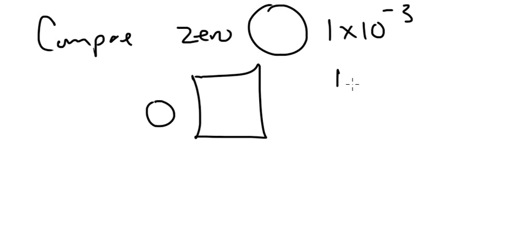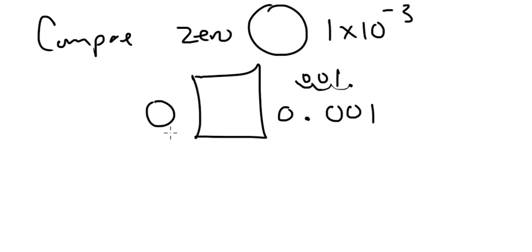Well, I'm going to have 1, and my decimal place is right there. I have to go to the left 3 places, so I'm going to go 1, 2, add a 0, 3, add a 0. I'm going to wind up with 0.001. And from a chemistry point of view, we always put a 0 to the left of our decimal.